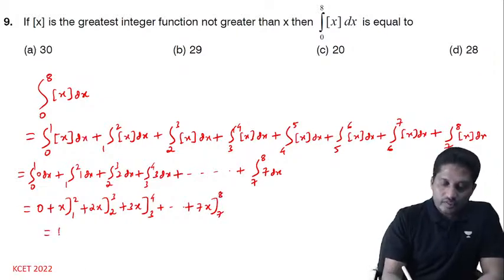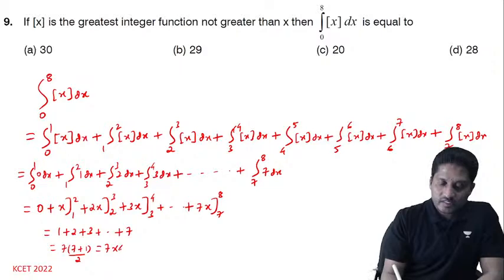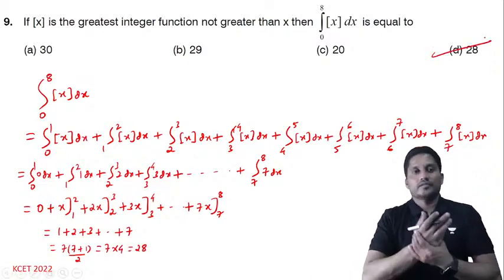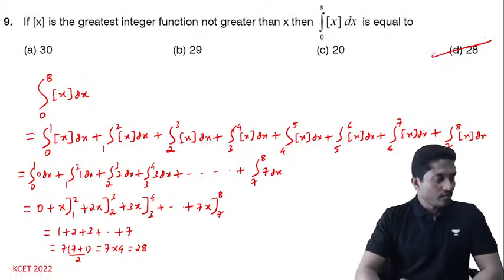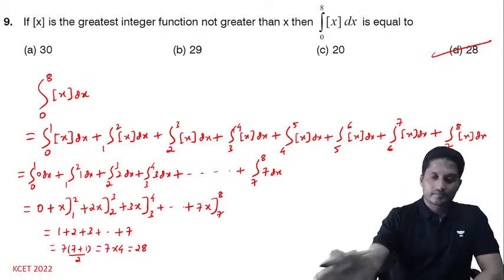So upper minus lower is 1 plus 2 plus 3 and so on up to 7. Sum of the first n natural numbers is n into n plus 1 by 2. So this is 7 into 4, which is 28. Last option, D. Alright, let's move to the next question.